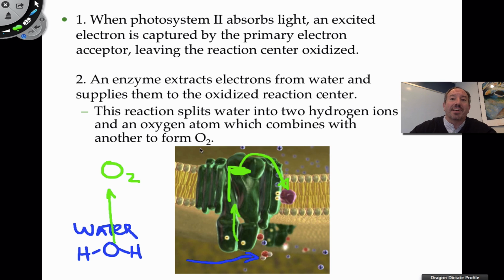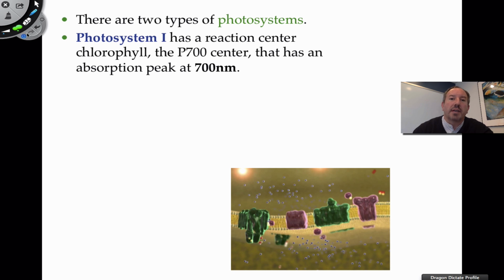It's kind of a waste gas if you think about it that way, because the most important thing is the electrons. And so oxygen is liberated in the light reaction. There are two photosystems. As I referred to it, this very first one in photosynthesis is called Photosystem II. That's right there.